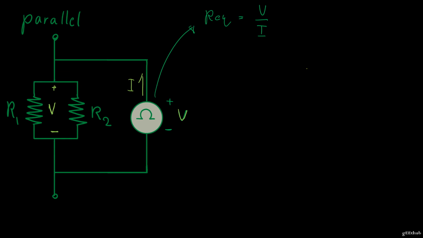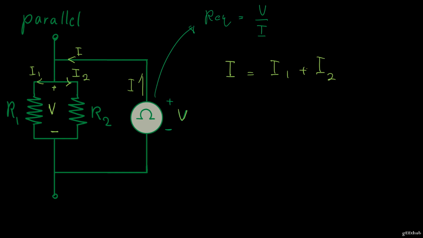Now I'm going to say that my current I is equal to I1 plus I2. What are I1 and I2? When current reaches this point over here, it splits into the current that goes in resistor 2 and the current that goes in resistor 1.